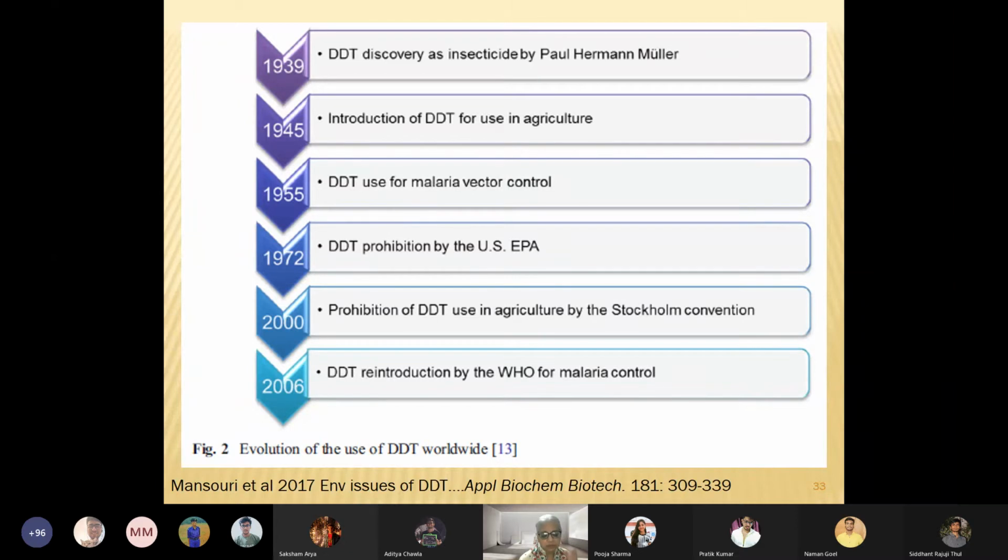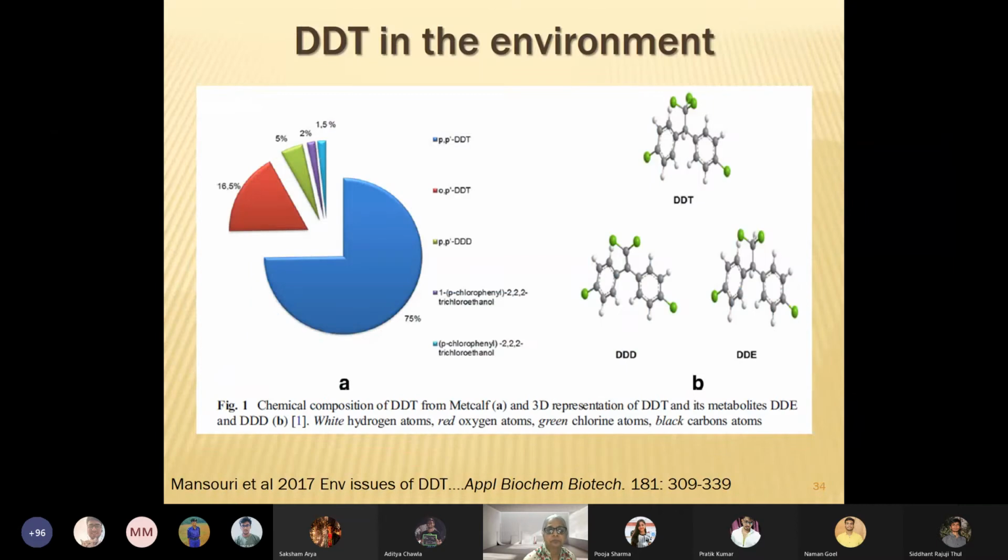So under constrained conditions, use of DDT for malaria control has been reintroduced. I think every one of us who has suffered from malaria, mosquito-related diseases knows how troublesome this issue is.